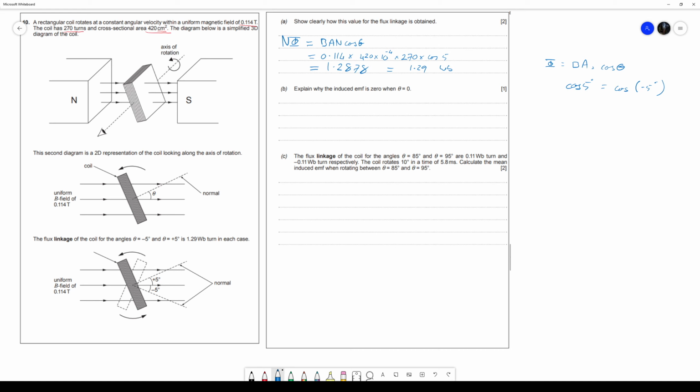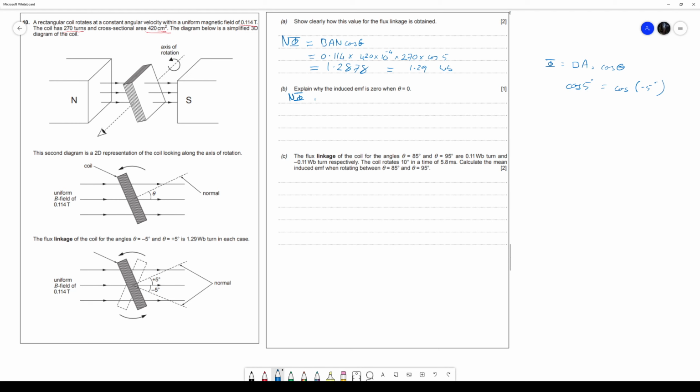So that's fine. Explain why the induced EMF is 0 when theta equals 0. There's a few ways we could do this. I would suggest if we think about the value of cos theta when theta is equal to 0 is 1, and that's a maximum value.